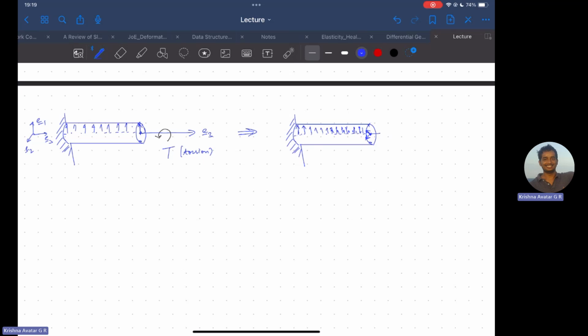So initially it was parallel to E1. Now it will not be parallel to E1. It is making some angle, say phi. Of course, this phi is an angle which is present throughout, at every point after deformation. So at S, let's call this vector the A vector.